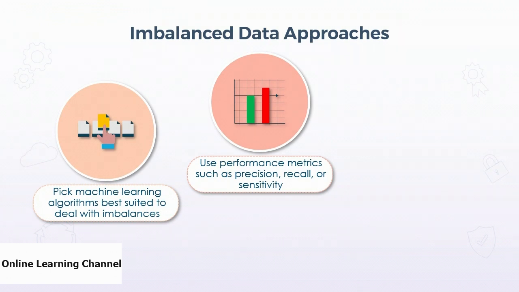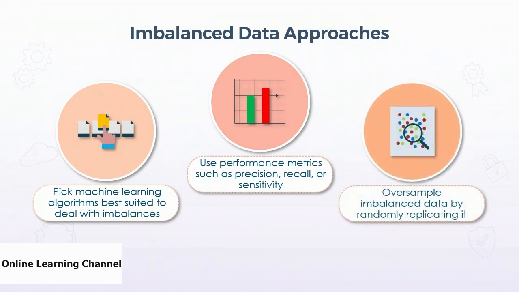A confusion matrix is a table showing correct predictions and the types of incorrect predictions. Thirdly, imbalanced data can be resampled by oversampling the minority class, where samples are randomly replicated to create more instances. Resampling can also be done by undersampling the majority class by randomly removing samples in the majority class.